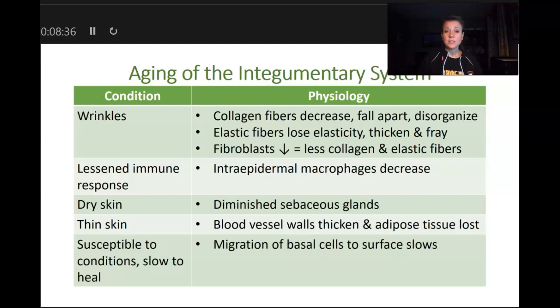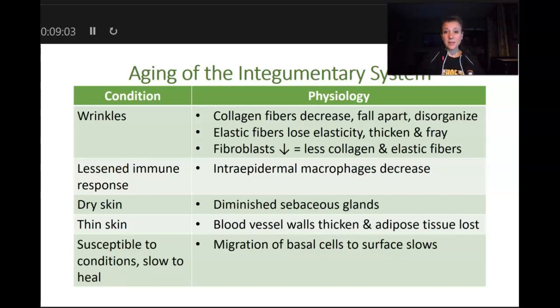They become more disorganized. And along with the collagen fibers weakening, our elastic fibers are also going to weaken and lose elasticity. It's kind of like an old rubber band, right? It might stretch out, but then it doesn't recoil as well as it used to when it was a nice new rubber band.